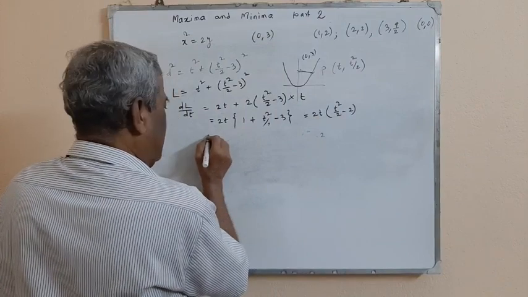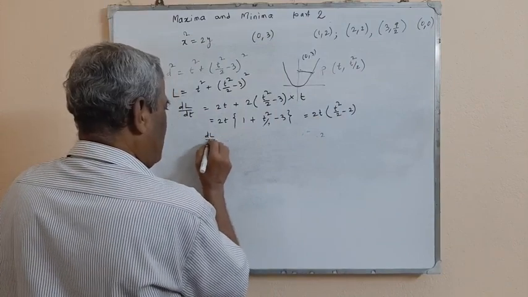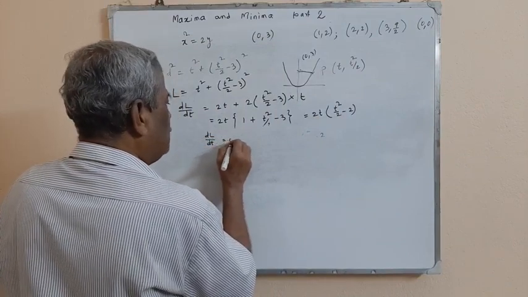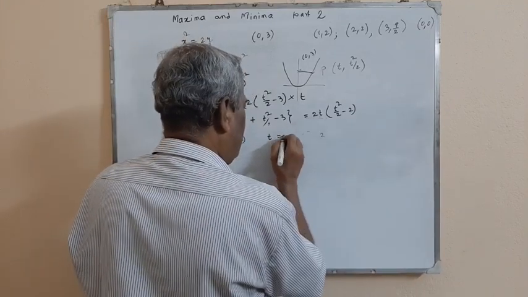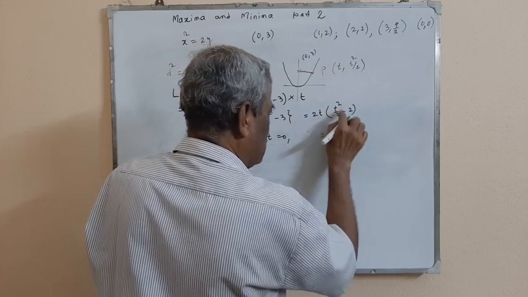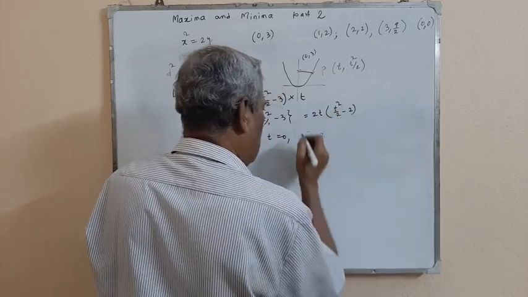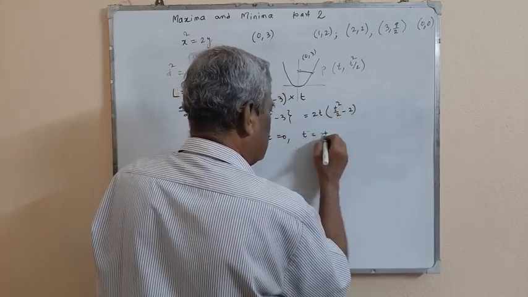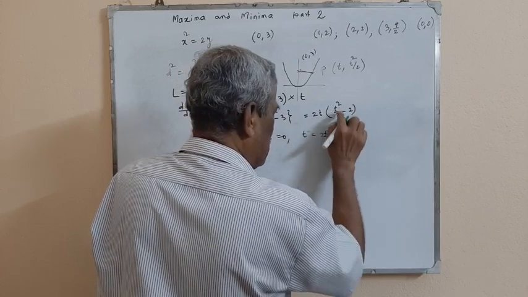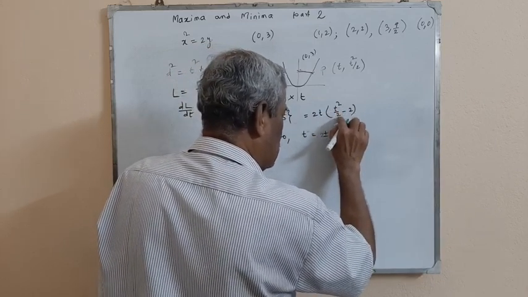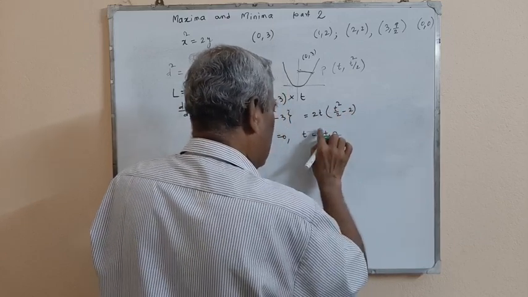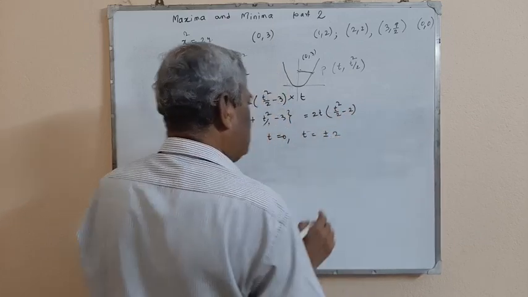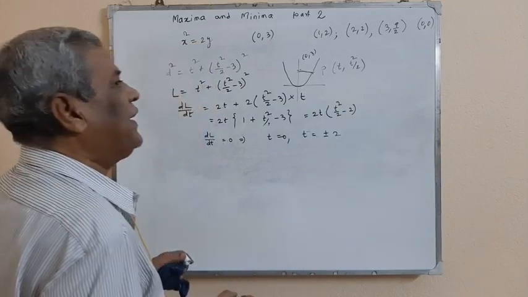So dL/dt is equal to 0 gives us either t is equal to 0 or t square minus 4 by 2 is equal to 0, that is t is equal to plus minus 2. So we get three critical points.